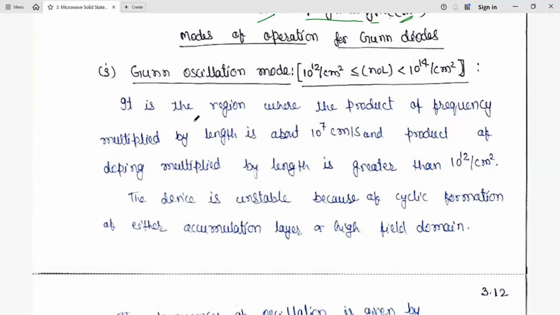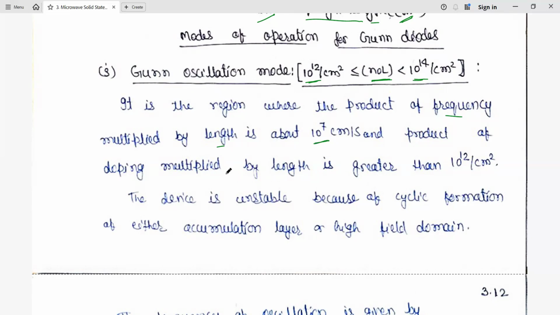So this is the Gunn oscillation mode. In this mode, the product of N naught into L is 10 to power 12 per centimeter square, and it lies between that and 10 to power 14 per centimeter square. The product of frequency and length is about 10 to power 7 centimeter per second.